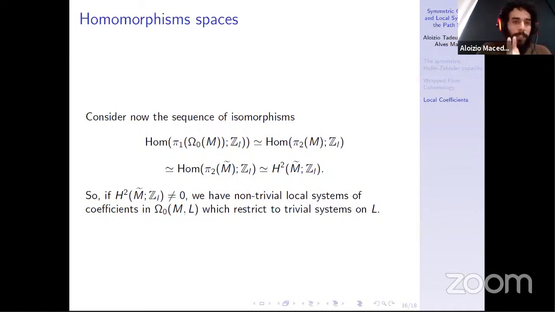Due to a local version of the Serre-Leray spectral sequence, it also follows that the homology of this path space will also be 0. Since the homology of this path space is 0, this homology is related to the wrapped Floer homology via a similar result that states that the symplectic homology is related to the homology of the free loop space of the manifold in the case of symplectic homology.